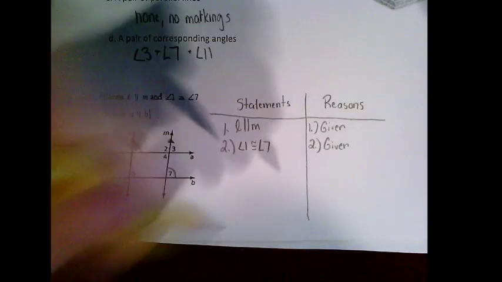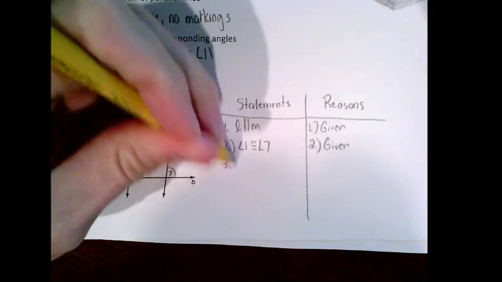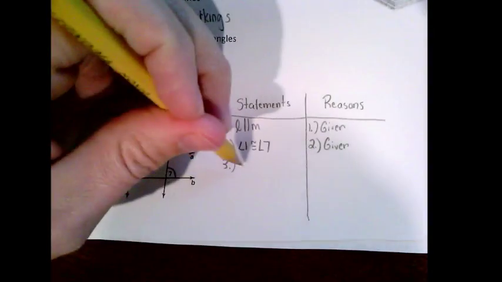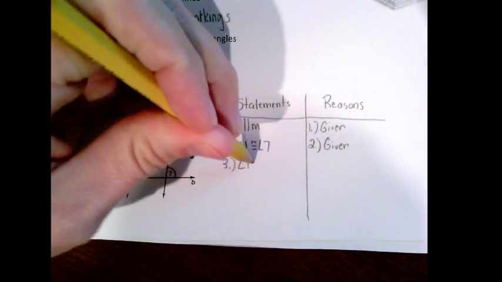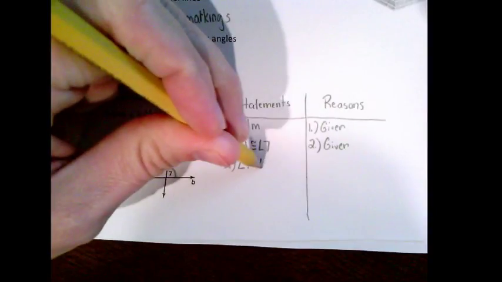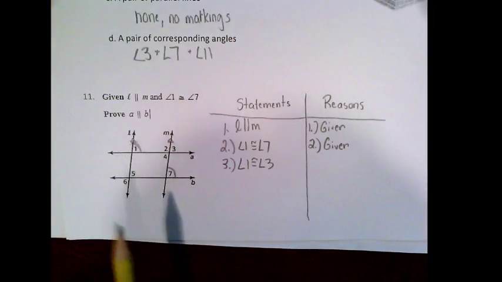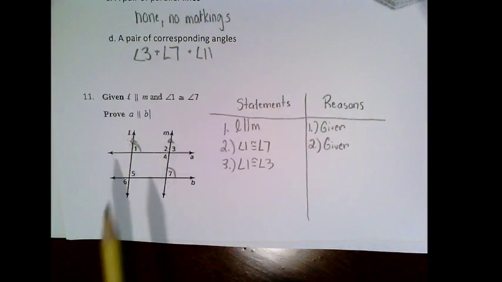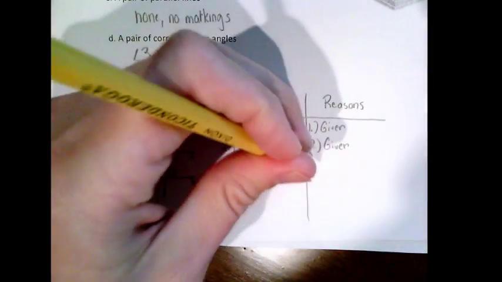So what I'm going to say is that angle 1 is congruent to angle 3. Remember how earlier I said in the stream that if the lines are parallel, you can prove they're congruent. So I know 1 is congruent to 3, and that's corresponding angles.